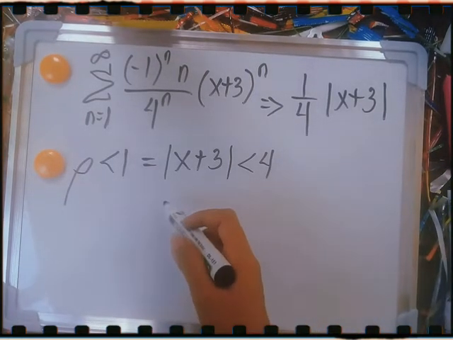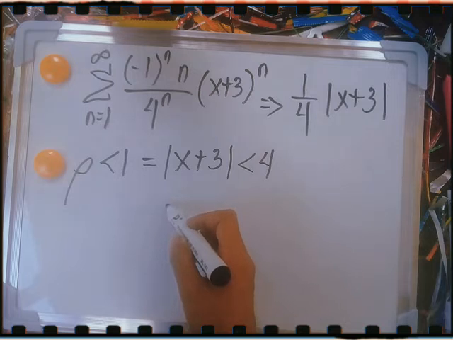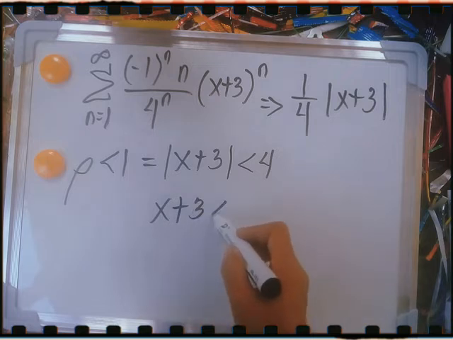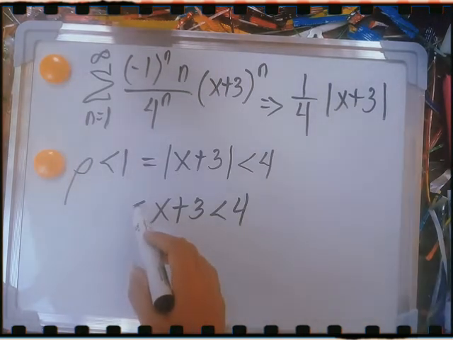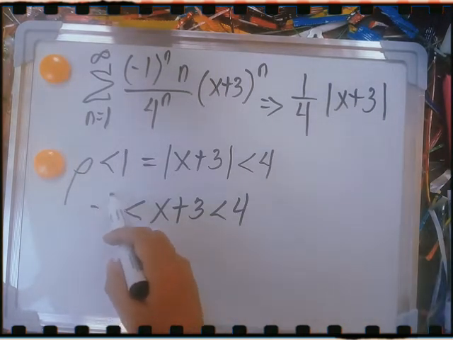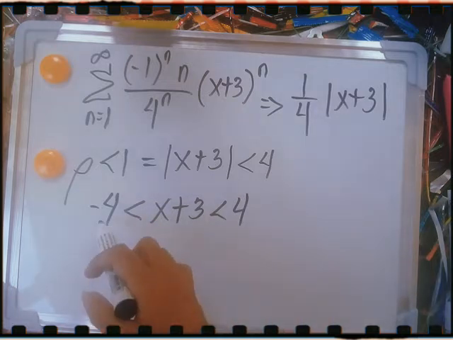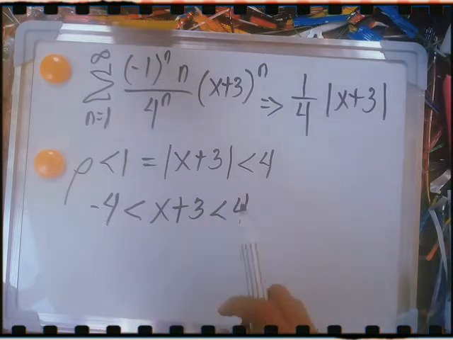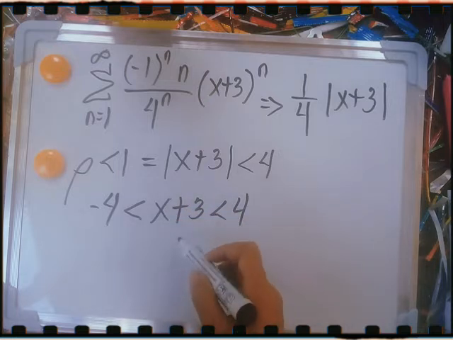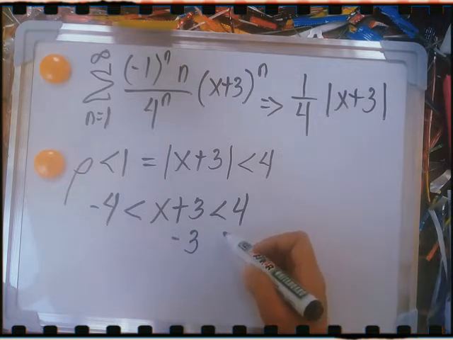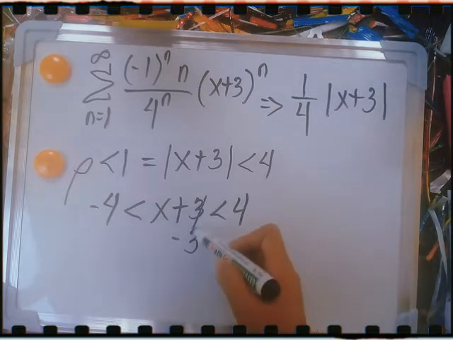And then, if we were going to find the interval of convergence, we have x plus 3 less than 4. And then sa kabila is greater than negative 4. Since it's positive here, we're going to negative there. So, to cancel this 3 na kasama ng ating x na variable, we have minus 3 para makancel siya.